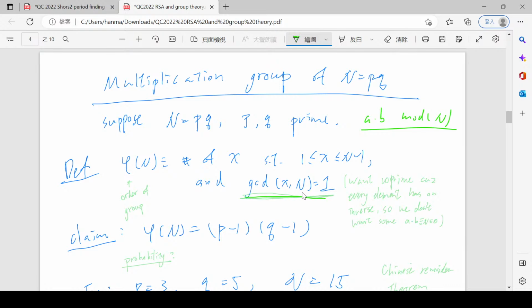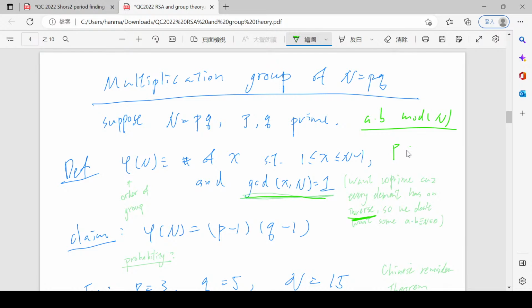And why we want this is because we want every element to have an inverse. Basically you don't want p and q inside your group.